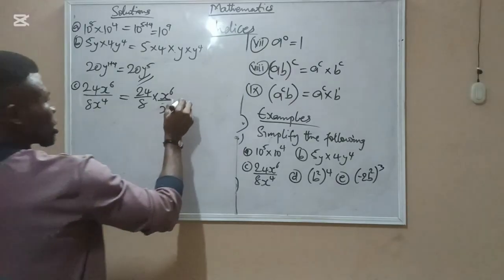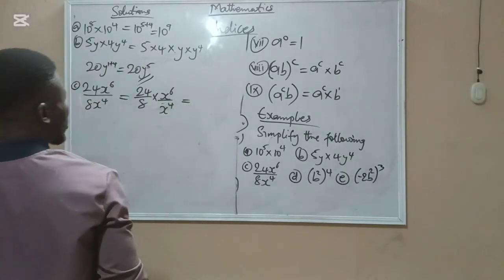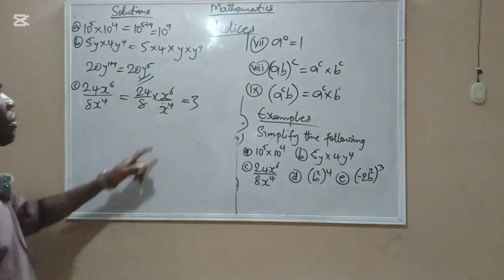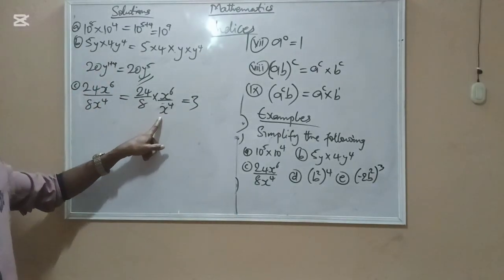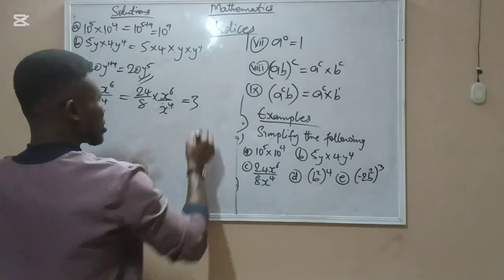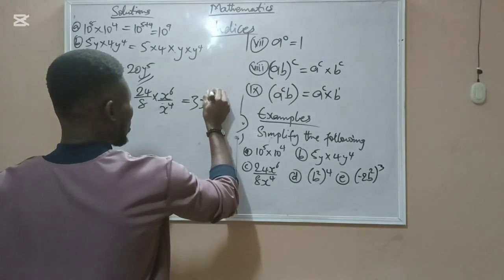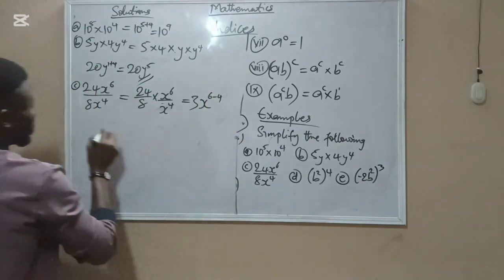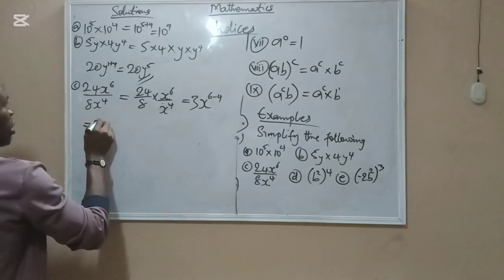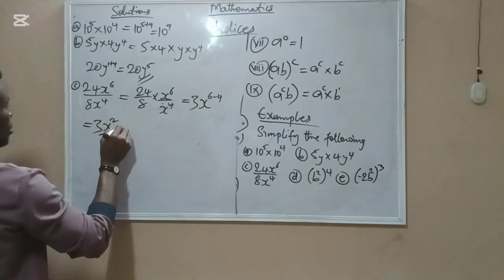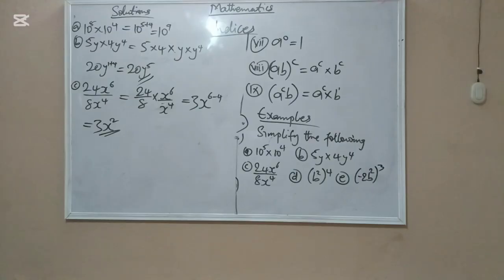And this is the same thing as 8 in 24 is 3. And then from the second law of indices, that is division of numbers with the same base, this is the same thing as writing x raised to the power 6 minus 4, which is equal to 3x raised to the power 2. Right?